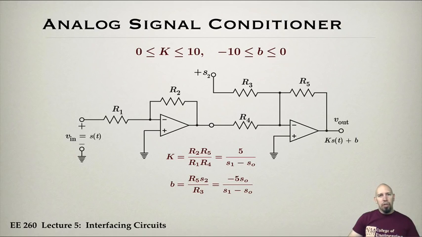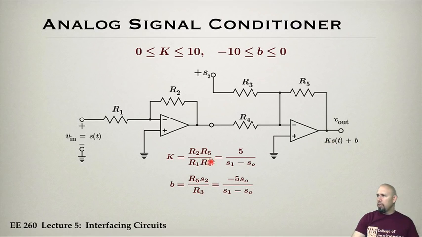You can tweak things, but generally speaking, you want to make sure that whatever happens, you're within the 0 to 5 volt range out here. If this is plus and minus 10 volts, this can never be greater than 5. You don't ever want it to be greater than 5. So that may mean making K a little bit smaller.